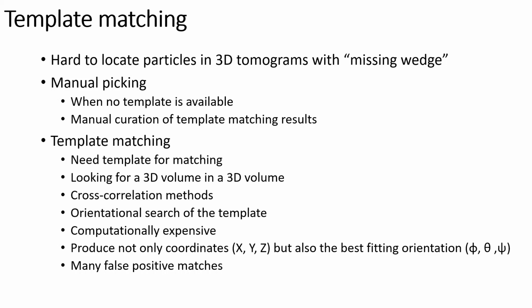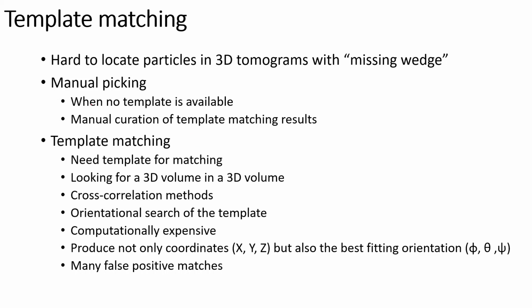That means we need to locate not only the X and Y coordinates of our sub-tomogram, but also precisely locate the center of this particle in the z-axis. And this is quite tedious.